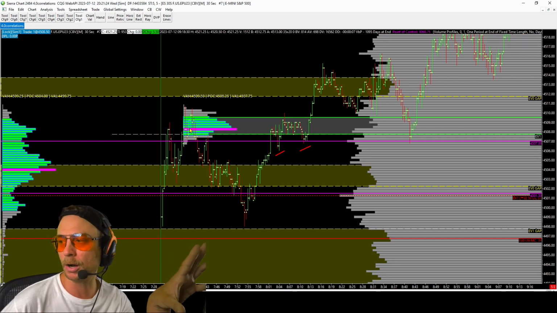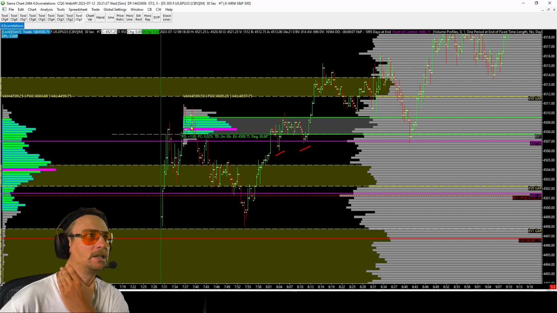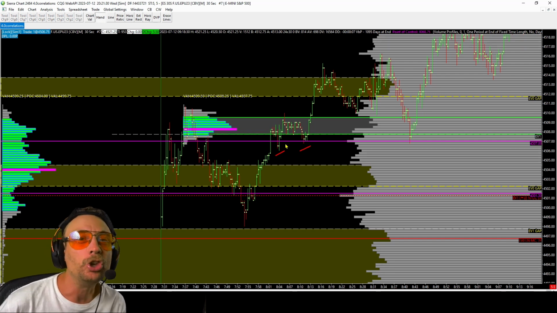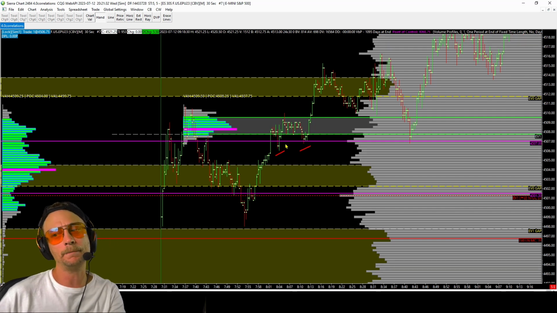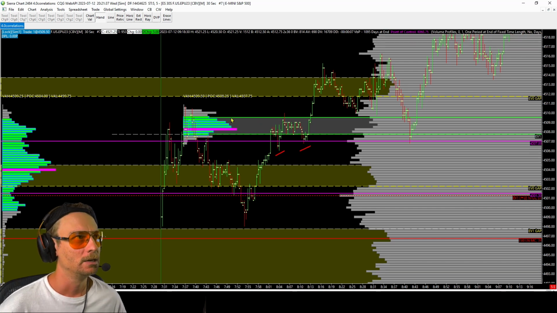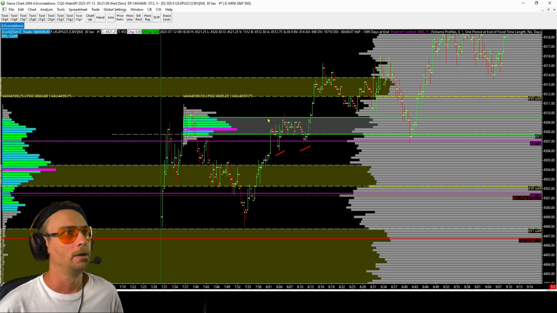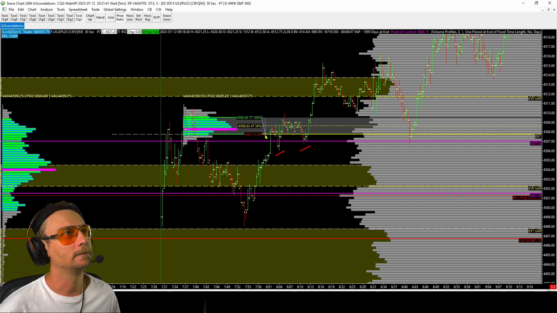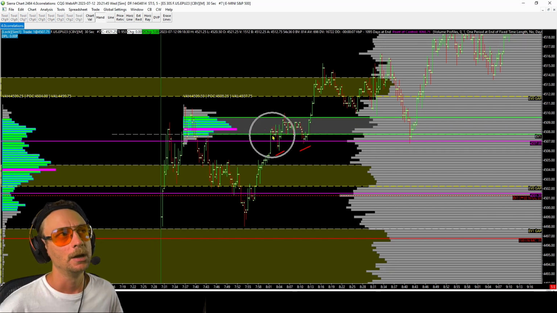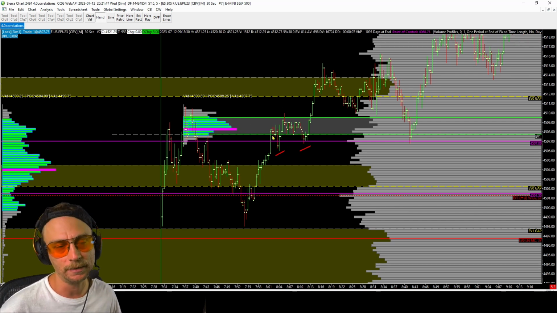I won't draw a profile unless it's more than 10 minutes. However, that's 4 minutes. However, we can still use them to get into bigger picture setups. You don't want to trade something that's only worth, how many ticks is that? 7 ticks. That's really not worth trading. You run into too much risk trying to get that.